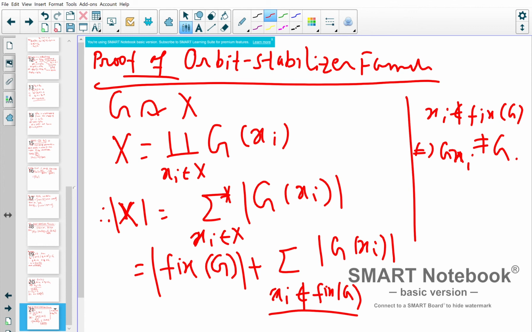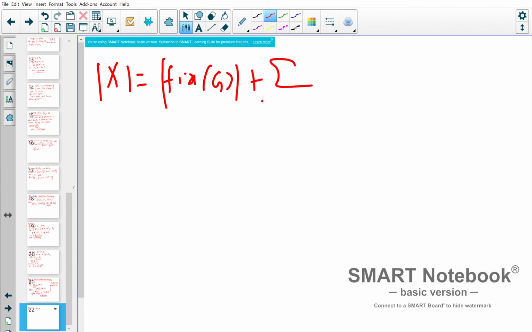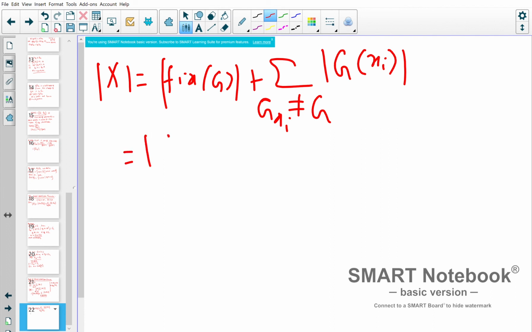With the help of that, I can write that the cardinality of X is equal to the fixed set of G plus the sum over all those x_i such that G_{x_i} is not equal to G, of the cardinality of the orbit. But we already proved that the number of elements in the orbit is nothing but the index of G_{x_i}.